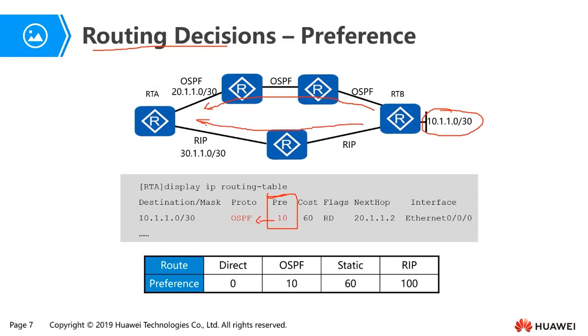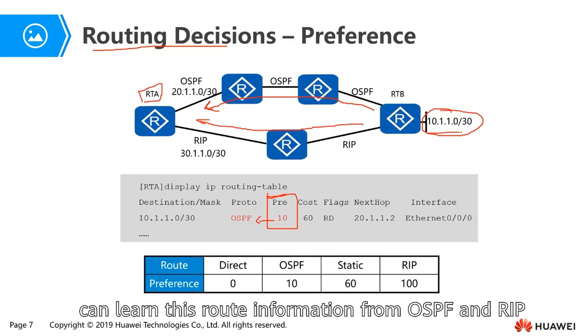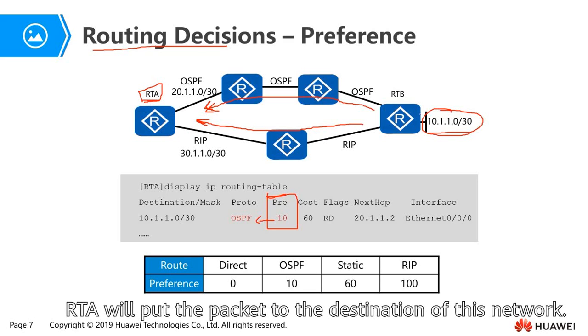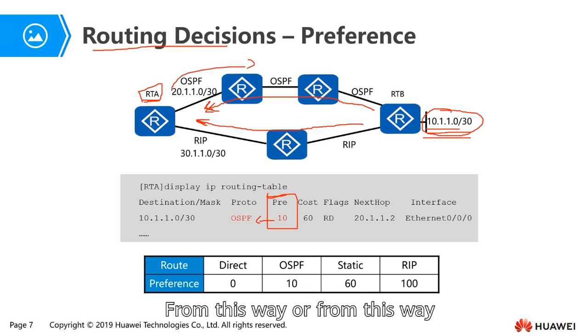Those are two different protocols, so RTA can learn this route information from OSPF and from the loop. Then there's a problem: which route should RTA choose? That means RTA will send the packet destined for this network from this way or from this way.